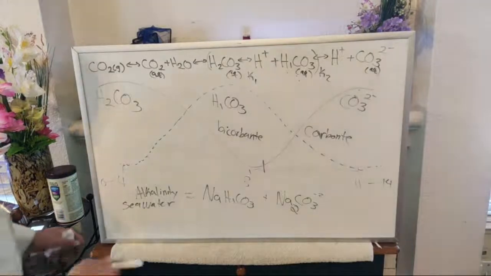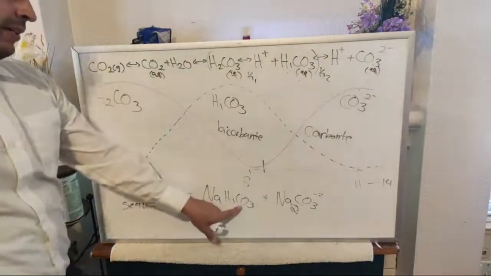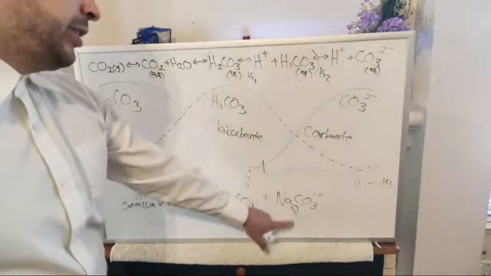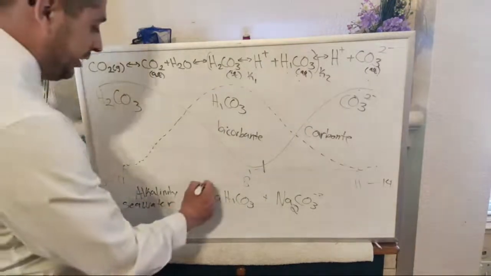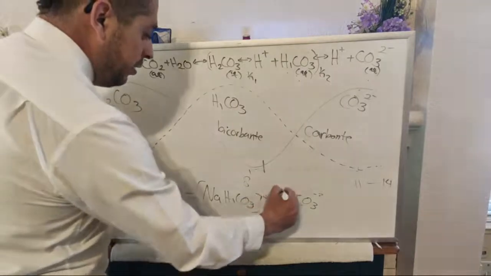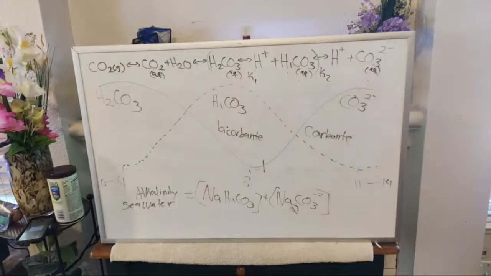So to calculate the alkalinity of seawater, calculate how much sodium bicarbonate and sodium carbonate is in the water, and you'll figure out your alkalinity. So both of these, if you remember the equation I just did, take the molar concentrations of those, and then basically that's your alkalinity of the water. See that? We're done. We're done.